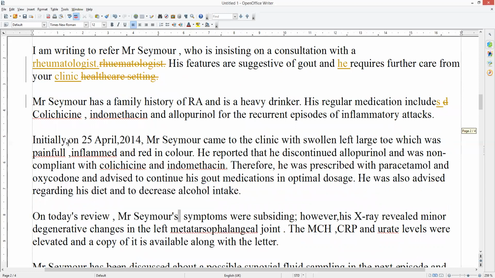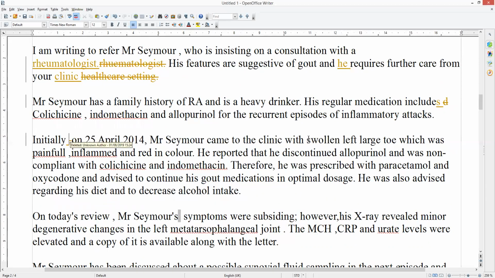Okay. Initially, on the 25th, Mr. Seymour came to the clinic with a swollen large left toe, which was painful. Only one L is painful. How do you spell inflamed? Is it only one M? Yeah. And red in colour.